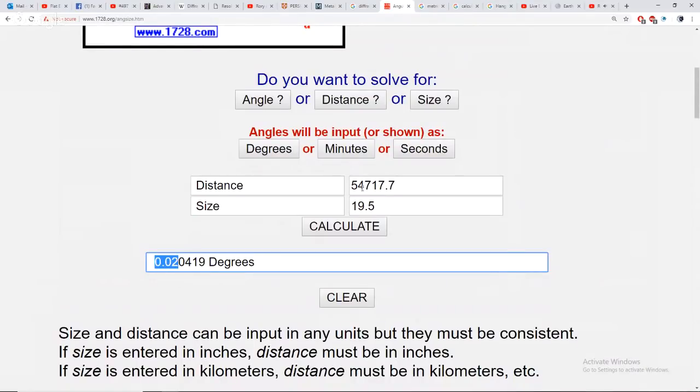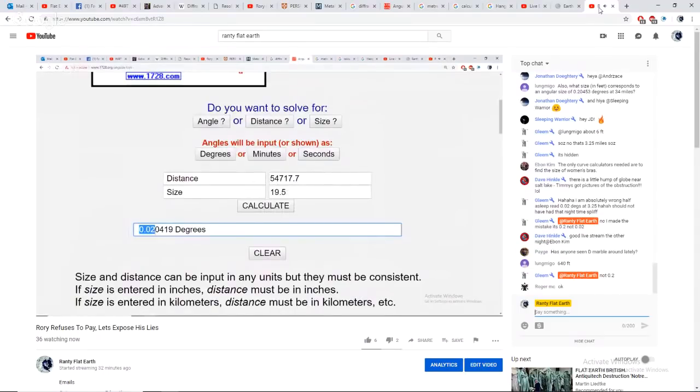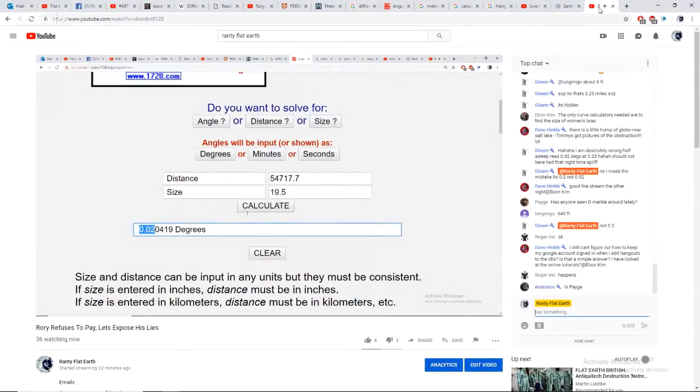So over a distance of 54,717.7 meters, trying to look at an object 64 foot high or 19.5 meters in height, the angle would be 0.02 degrees. So if we're looking at 0.02, essentially anything under 64 feet, you wouldn't see.